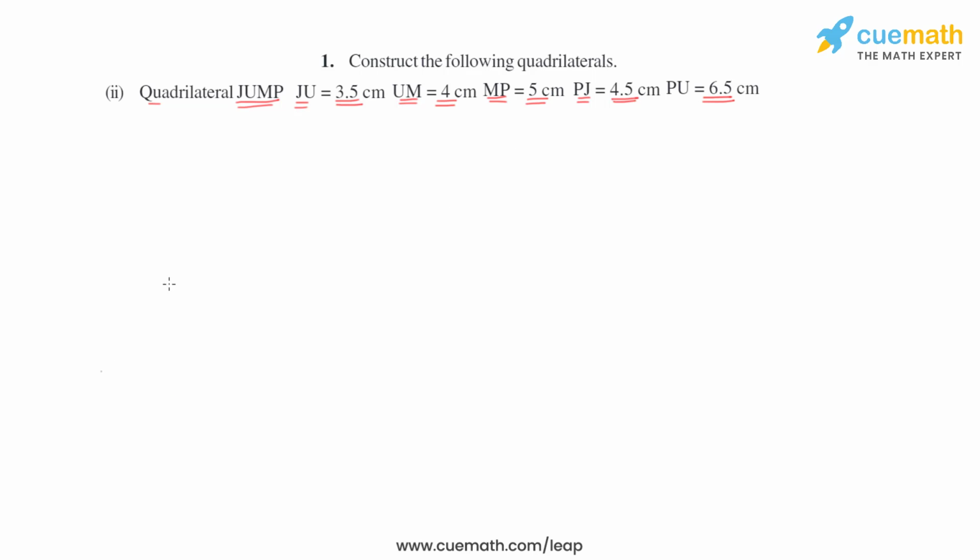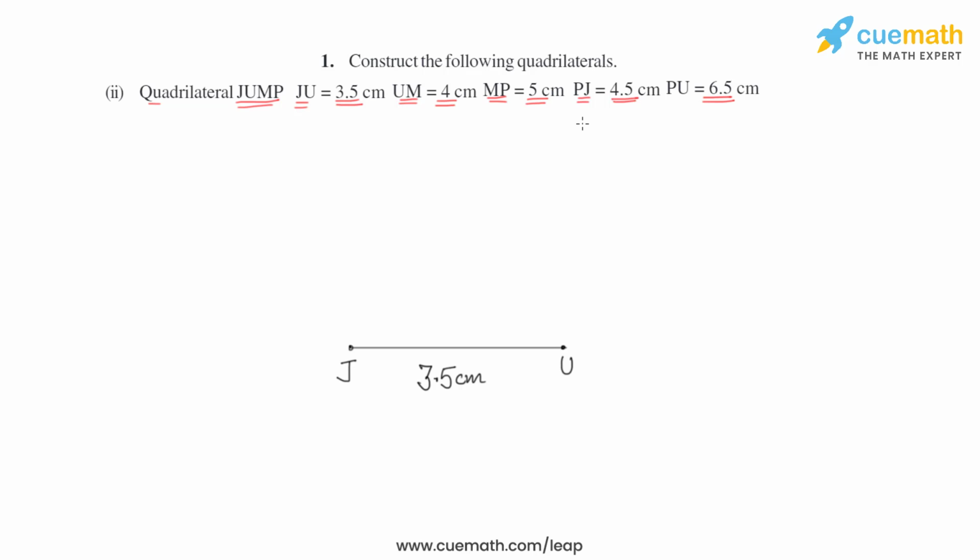The same steps are there. So let's start. First of all, we will construct line segment JU. So this is point J, point U, and JU is 3.5 centimeters.